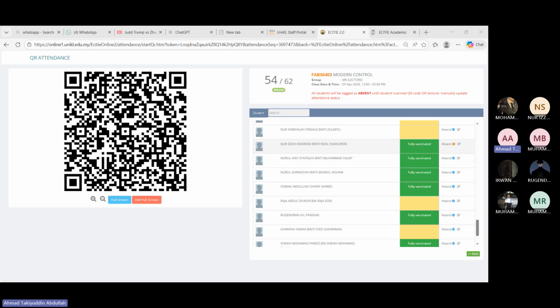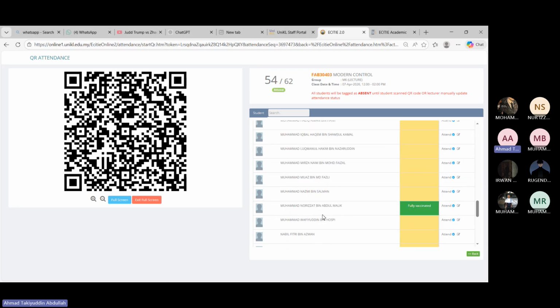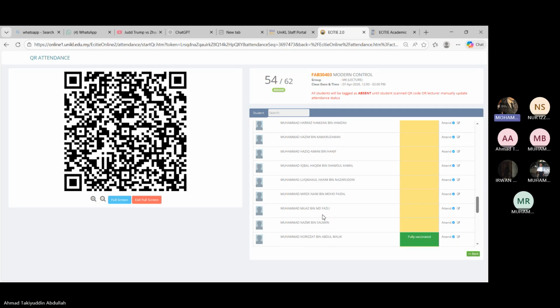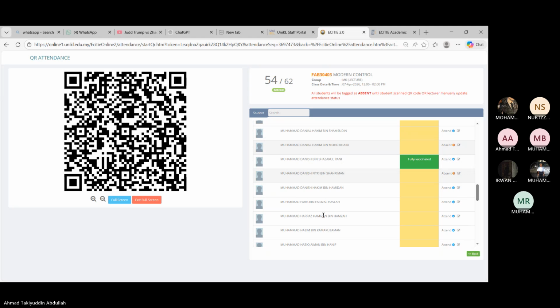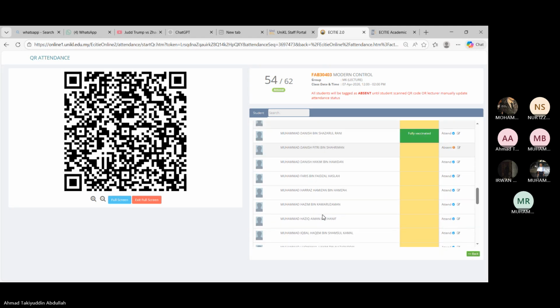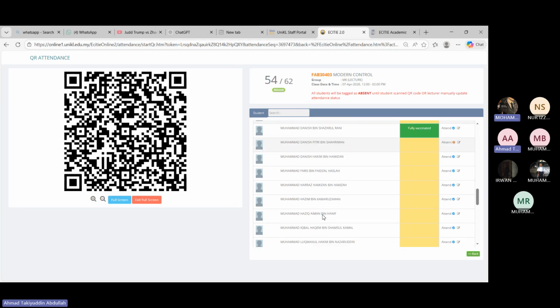Rugendran, awak dah scan? Sir, dah. Okey, Hafizam. Siapa lagi yang tak boleh scan? Bagi tahu kat saya. MU nama you. Muhammad Hafizam. MU or MO?